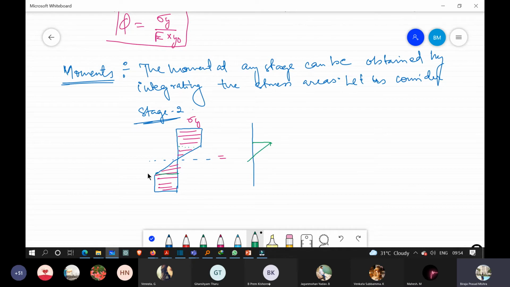It will be like this till here. So this one is sigma y plus again this whole structure.